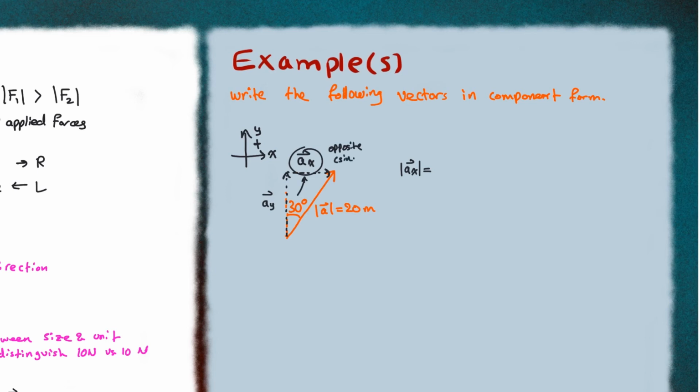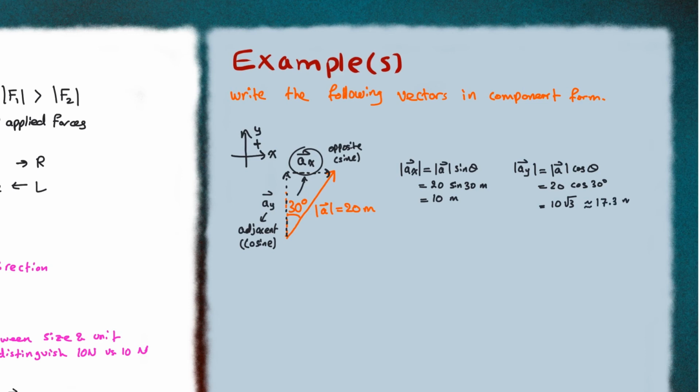The x component is opposite to the angle, so I know its magnitude is equal to the magnitude of the vector, which is 20, multiplied by sine of the angle, which is sine 30, which will give me 10 meters. And for my y component, that is adjacent to my angle, and therefore I will use the cosine, and the magnitude of the y direction is equal to the magnitude of the vector, 20, multiplied by cosine of 30, which is 10 root 3, which is approximated to 17.3 meters.